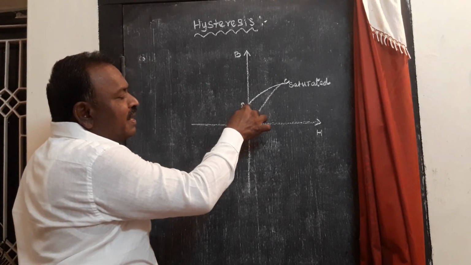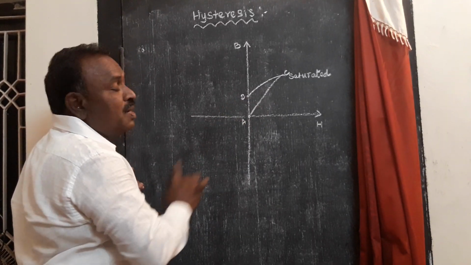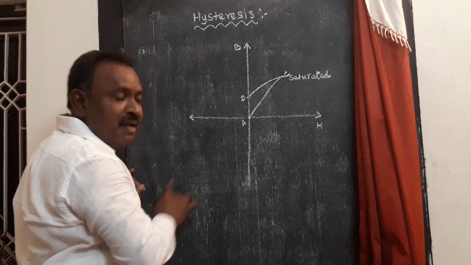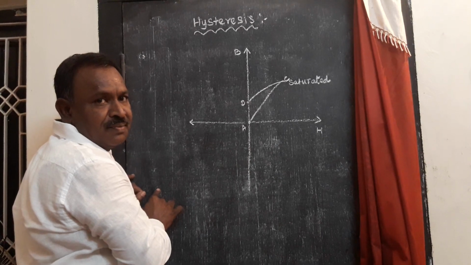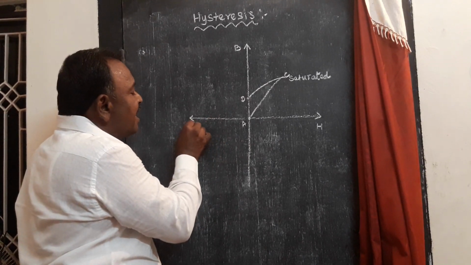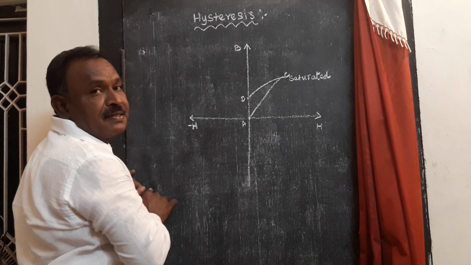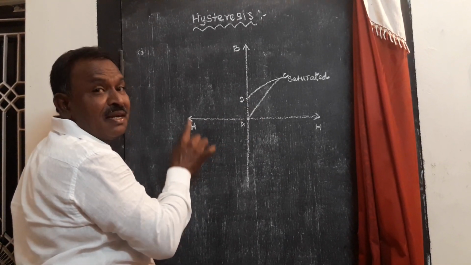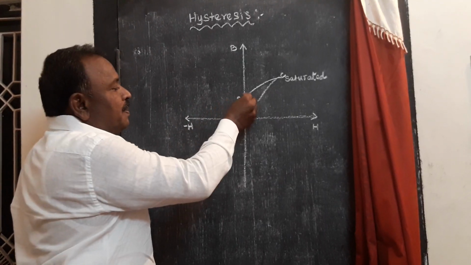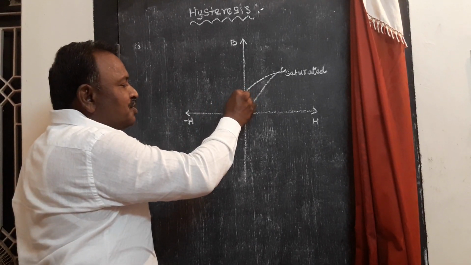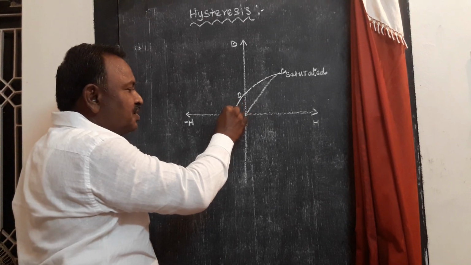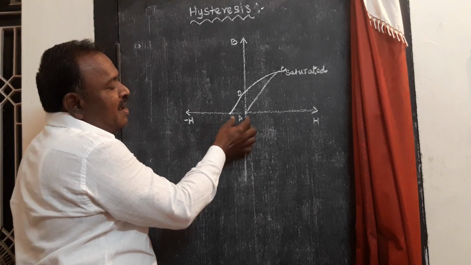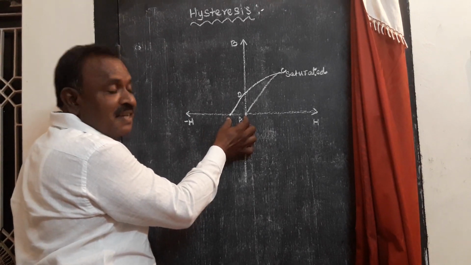To bring this magnetic induction to 0, I have to magnetize that magnetic material in the opposite direction, so I have to give a negative magnetizing field. When a negative magnetizing field is given, the magnetic induction in that material decreases and becomes 0 for a particular negative magnetizing field.